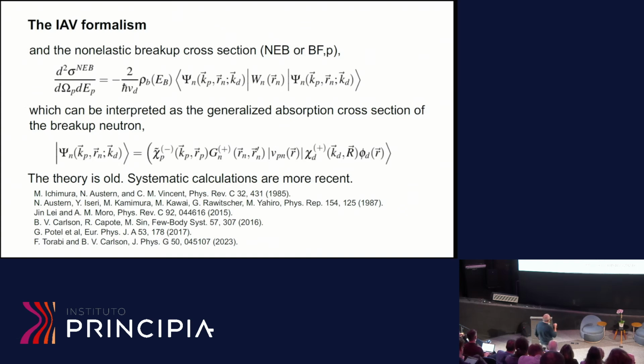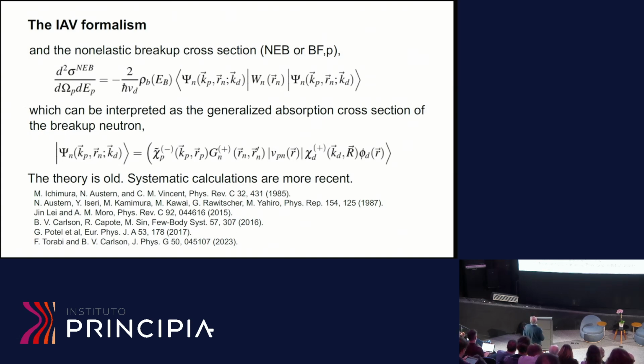Well, let me say that the theory is old. You can see this goes back like 40 years. But the calculations are more recent. Jin Lei and Antonio Moro published an article in 2015, really representing our first calculations in 2014 at the DREB meeting in Darmstadt, but we didn't publish until after.